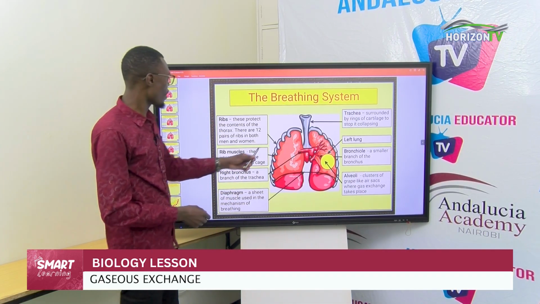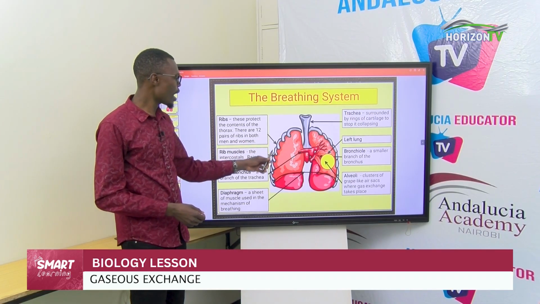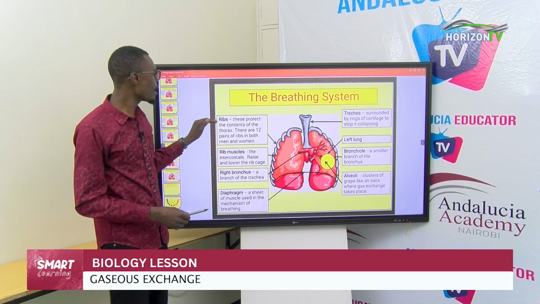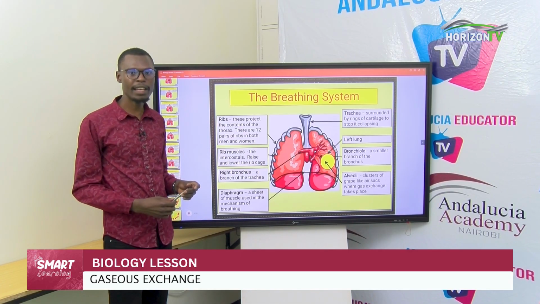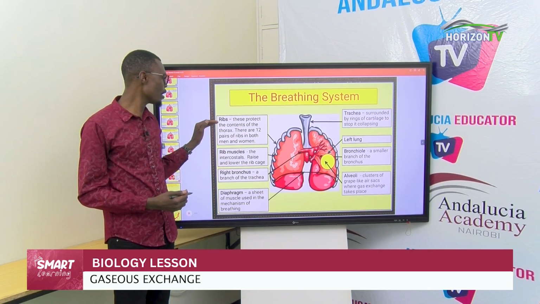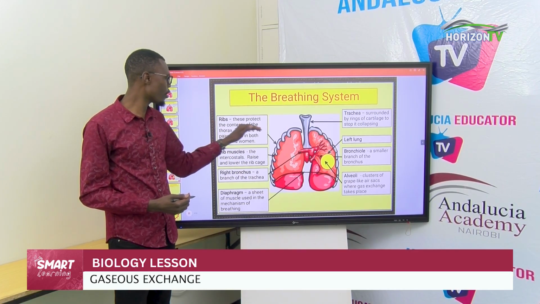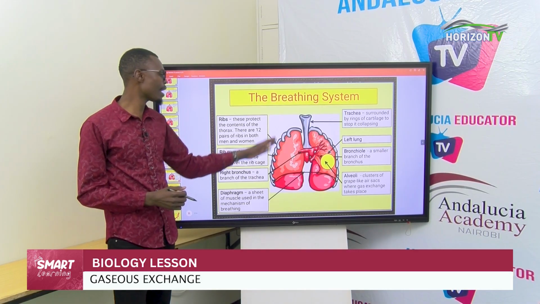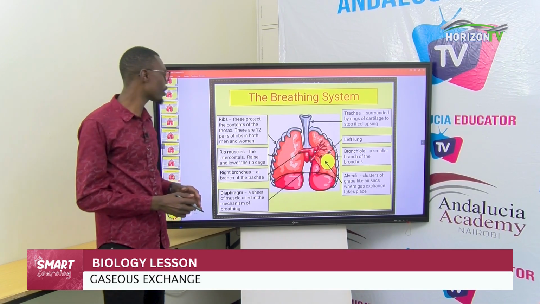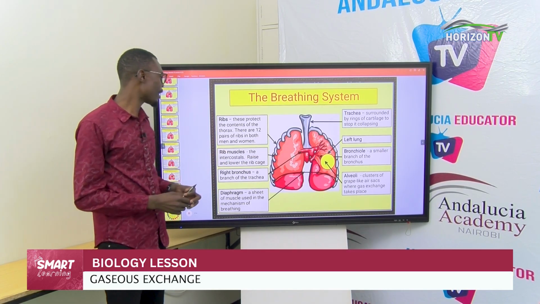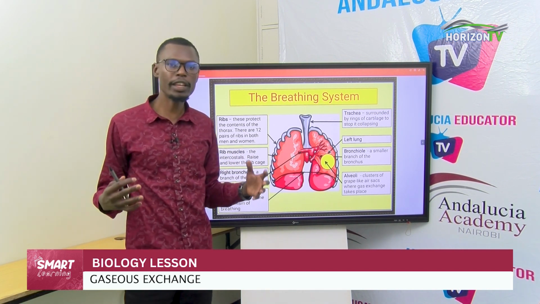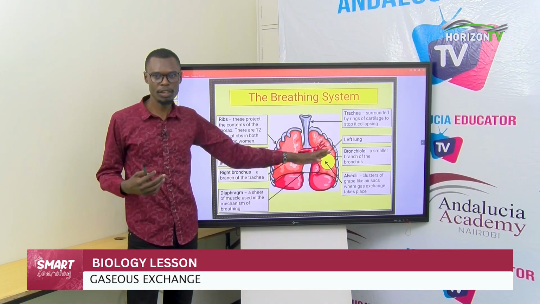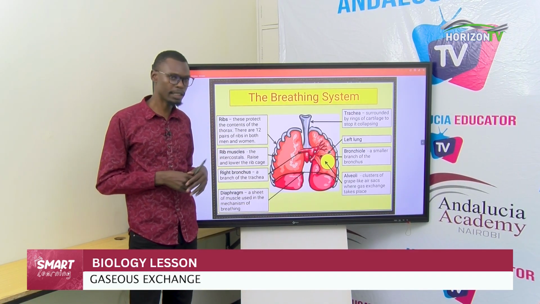Then, as you can see, around the lungs there are ribs, and every person has ribs. There are many ribs on both left and right, and the major function of the ribs is to protect the delicate lungs from any mechanical injury.